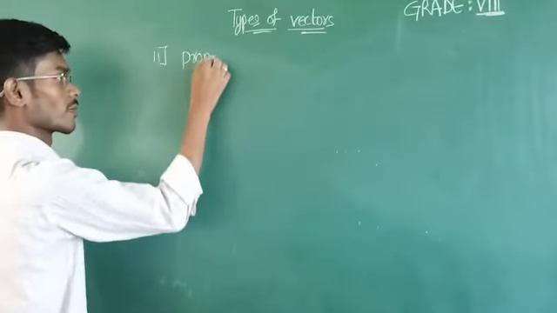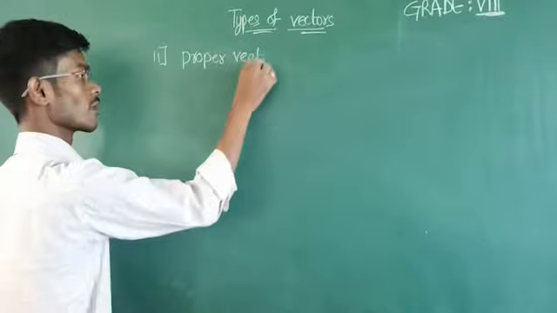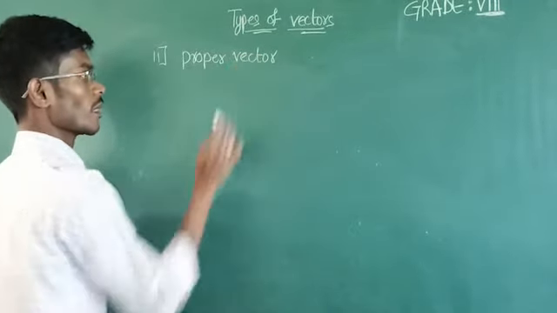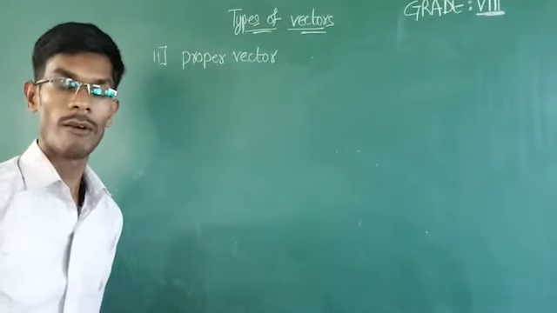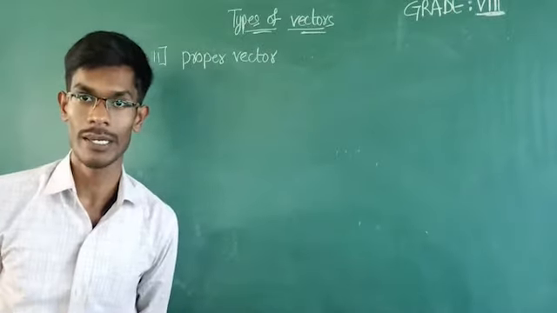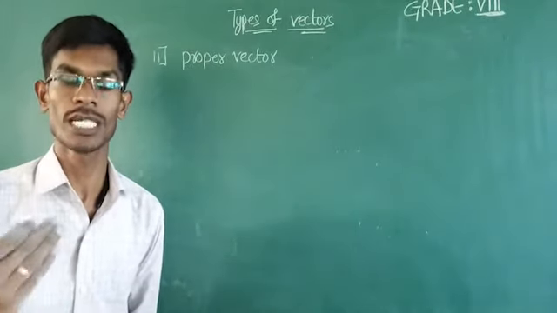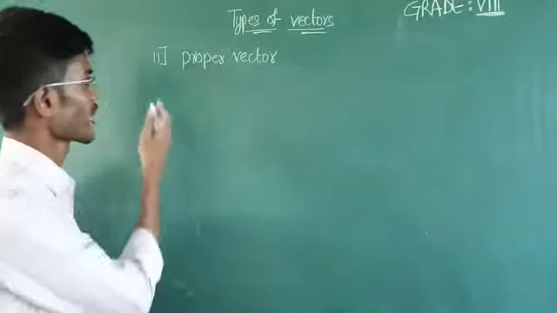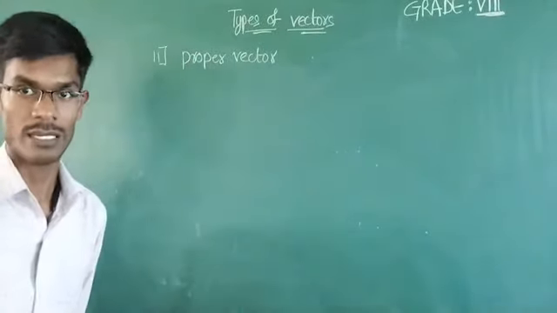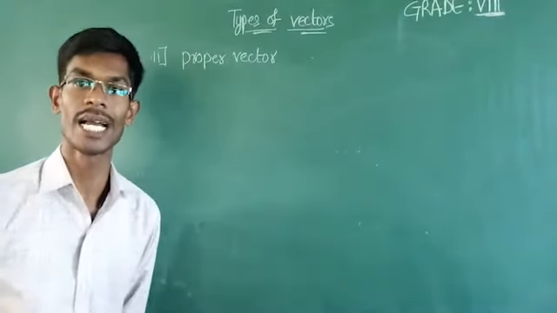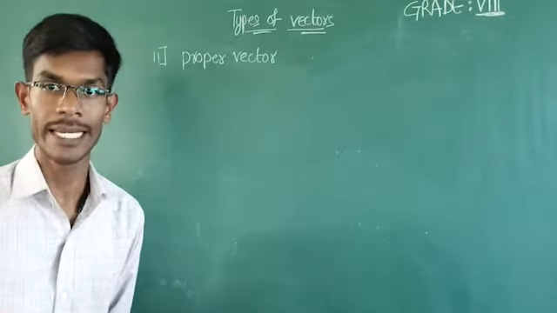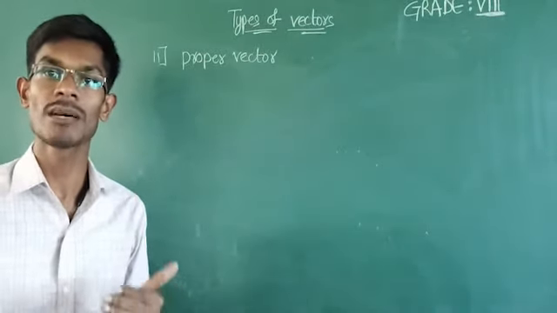Proper vector. Here, proper represents a magnitude which is not equal to 0. Those vectors we will call proper vectors. The vectors whose magnitude is not equal to 0 are called proper vectors, meaning having some magnitude.